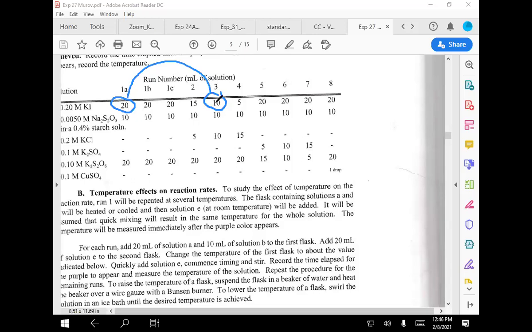Right, if you have 20 milliliters, then yeah, the moles would increase. But if the rate stays the same, then that means it would be 0 order in iodide, because we don't know what the rate is yet. We have to look at the data. So what we're saying is if you change the amount of iodide and the rate does not change, then it would be 0 order in the iodide.